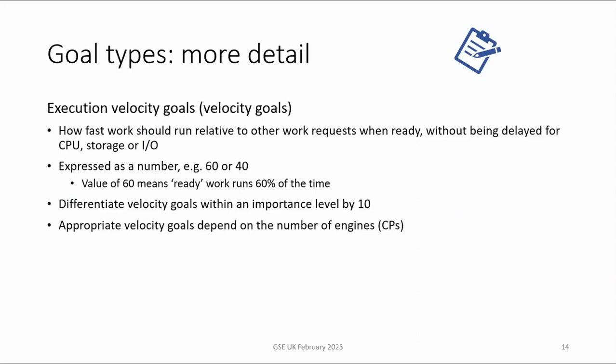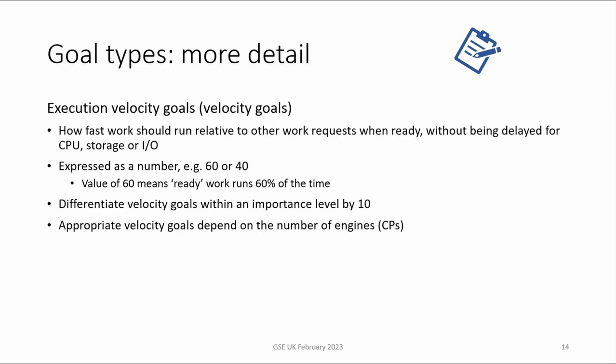On execution velocity goals, what this means is how fast work should run in the system when the work is ready to run and it isn't being delayed by something else. So if it was waiting on I/O or it's waiting to be dispatched or anything like that, that doesn't count. But once it's ready to run, right, it's ready to take off, how often is it actually running, right?